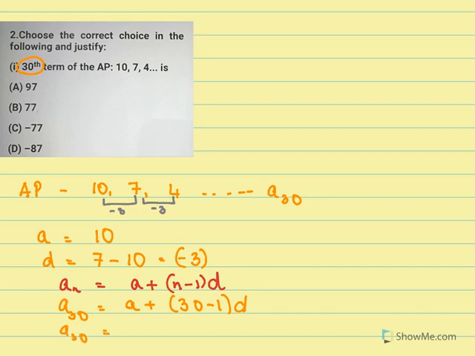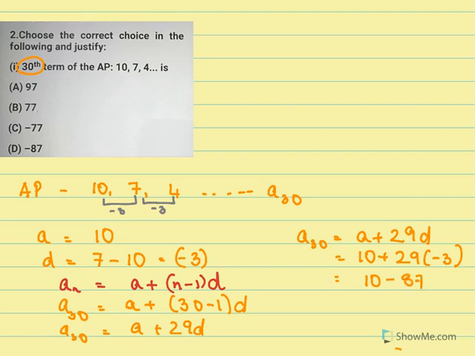So a_30 equal to a plus 29d. We know a is 10, and d is minus 3. So here we have 10 minus 87, and the 30th term will be minus 77.